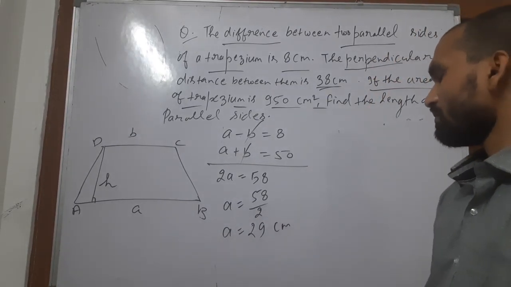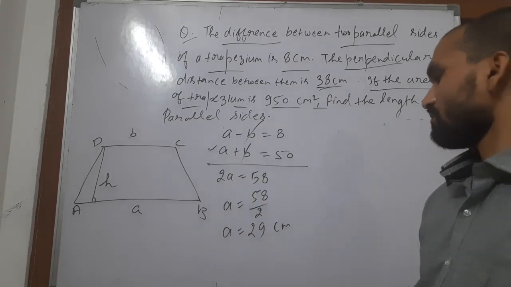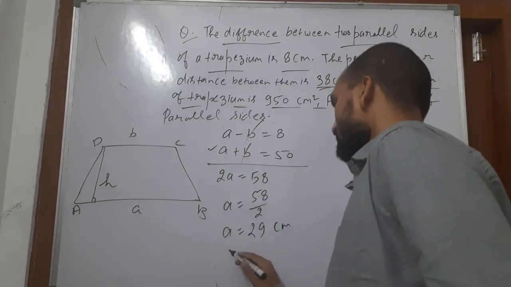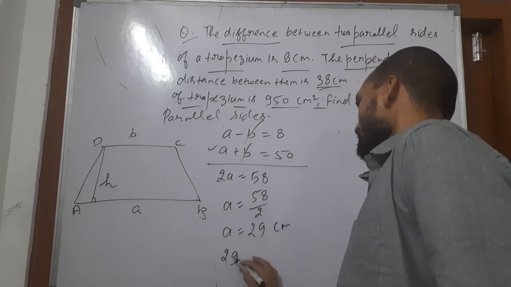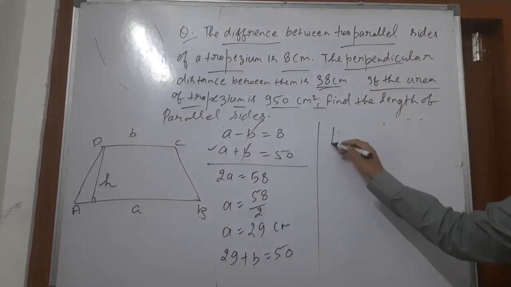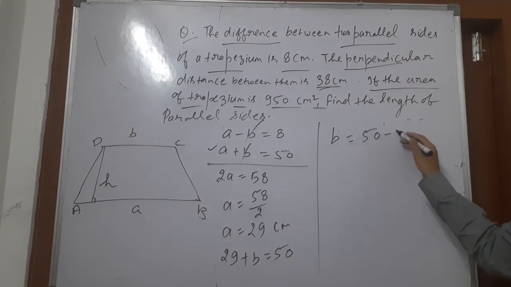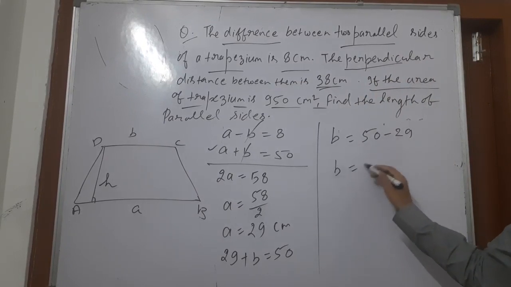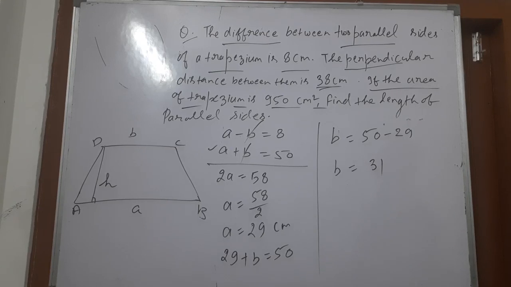Now we should put the value of a in equation number 2, then 29 plus b is equal to 50. So b will be equal to 50 minus 29, that is 21 centimeter.